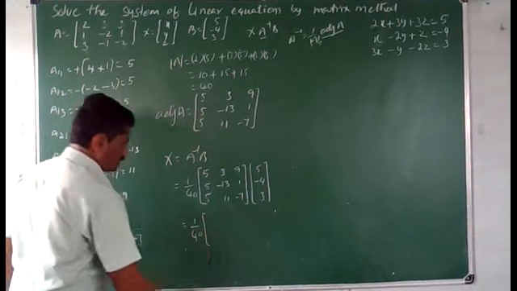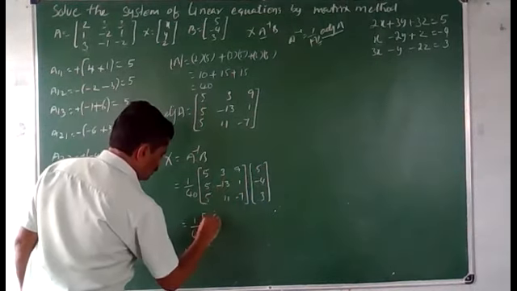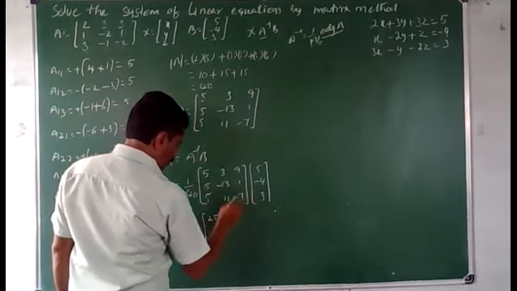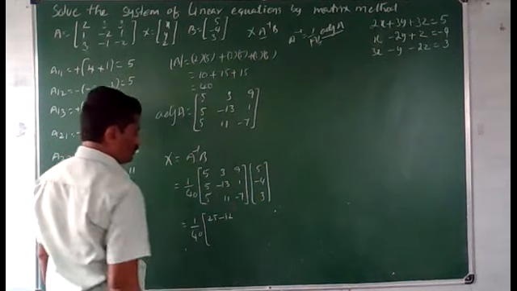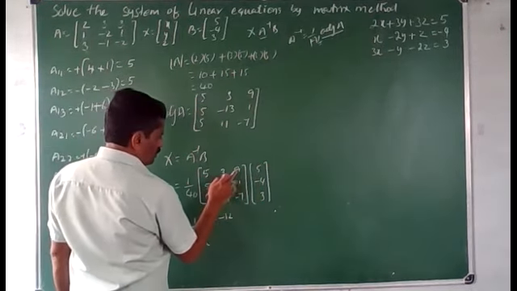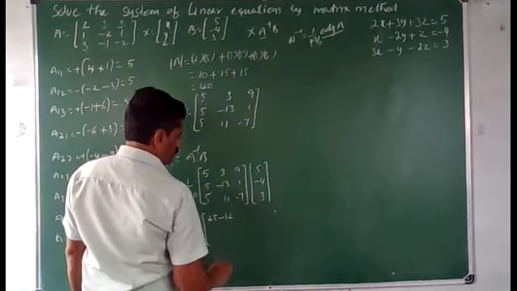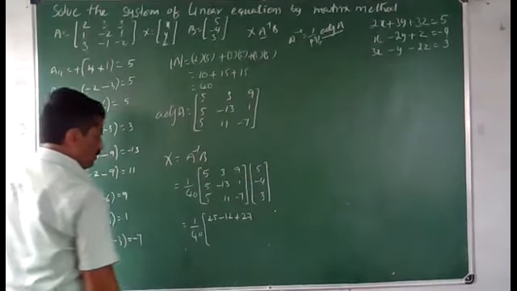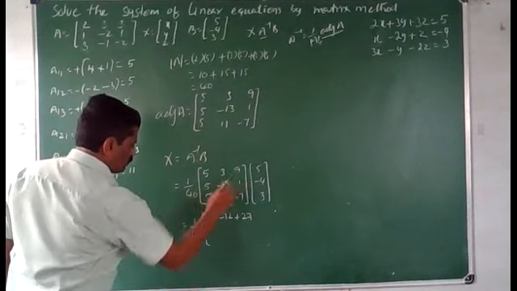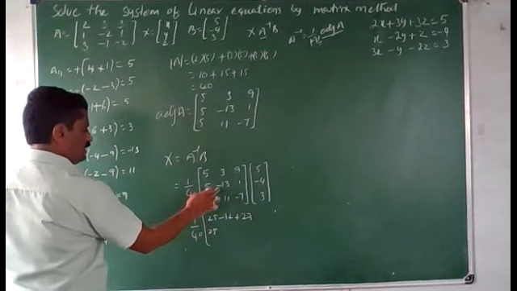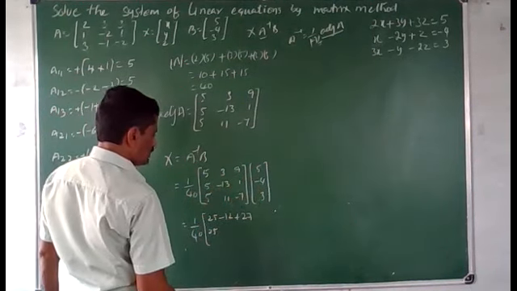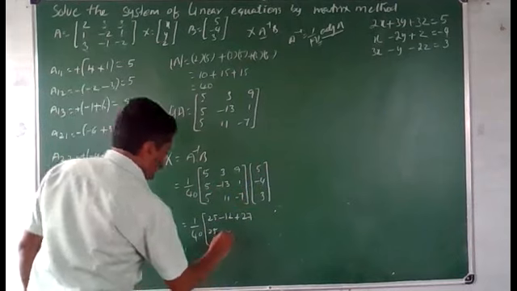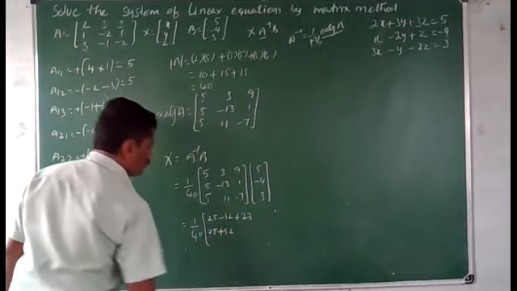Next, that is 5 into 5, 25. Again 3 into minus 4, minus 12. Again we have 9 into 3, plus 27. Again we have 5 into 5, 25, minus 13 into minus 4, minus to minus becomes plus, 13 into 4 is 52, so 25 plus 52.